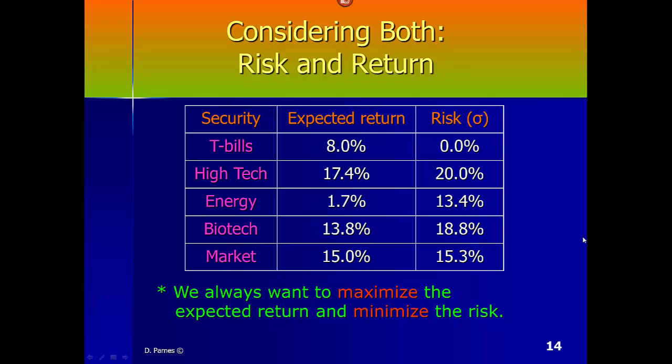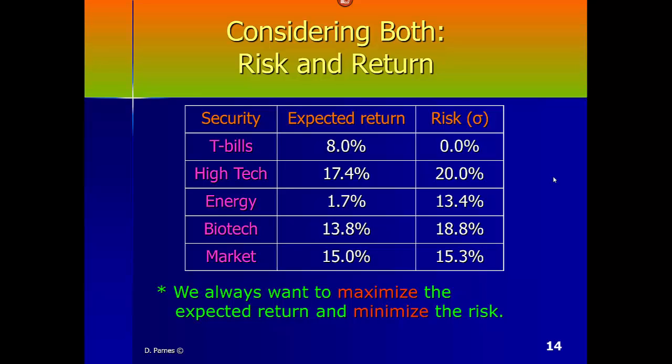As you will see, this is not a simple task. So for example, if you're trying just to minimize the risk, T-bill gives you the lowest risk. But unfortunately, the return is not that great. High-tech, on the other hand, gives you a much higher return, but unfortunately it also gives you much higher risk, higher standard deviation. This is exactly the problem that investors face.